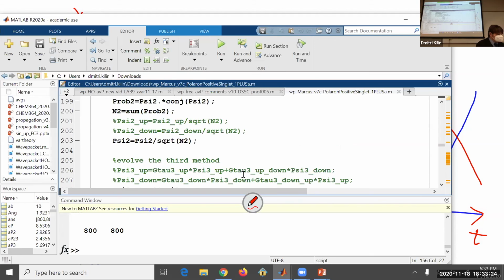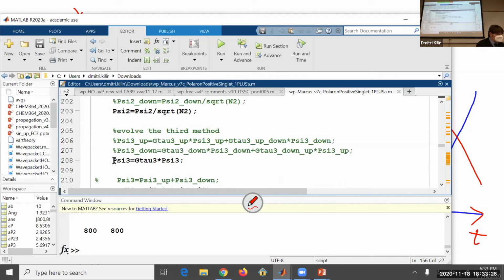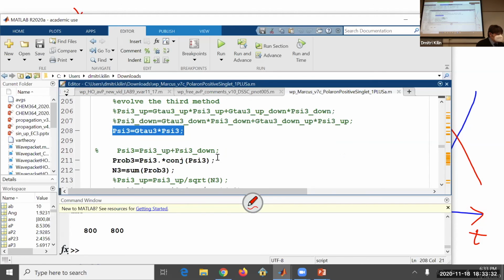So here we do have the time evolution, psi 3 equals G tau 3 times psi 3. Then we have this probability. And by the way, if we try to plot it, it will be two segments in different things. Later on, we need to plot them both on the same axis.